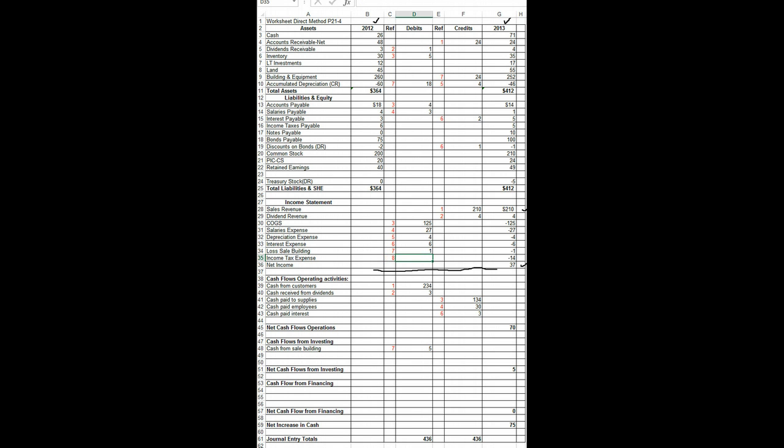Transaction number 8 is for 14, income tax expense. So I'll record the 14 there, and I'll look for an income tax payable. Is there one? Yes, income tax payable has gone down by 1. That's a debit. So I'll put that there, and I'm still on transaction number 8.